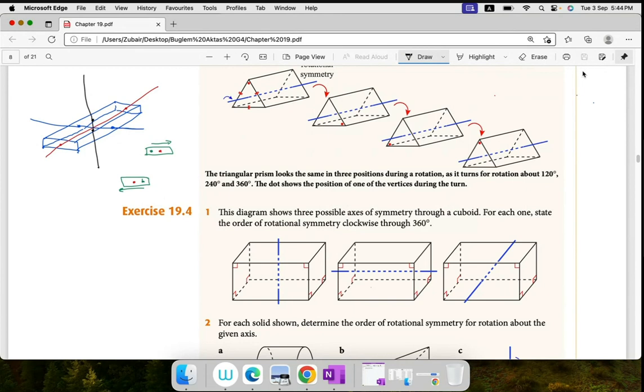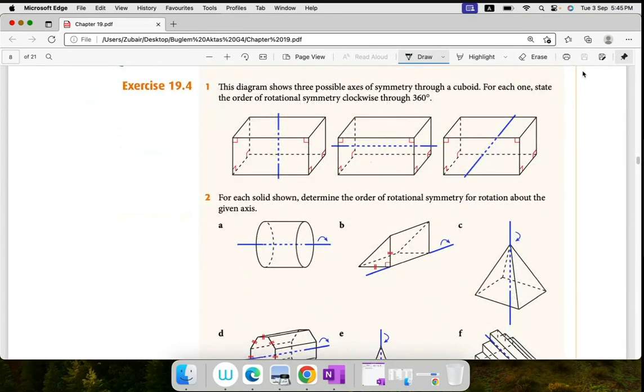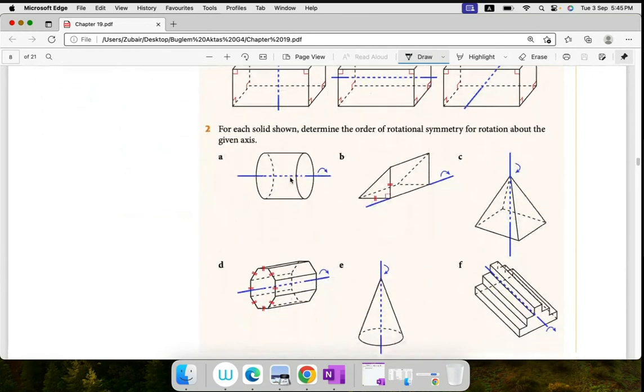So these are the points where it could be rotated and will go unnoticed. Clear? Yes. So these are the three for the given shape.